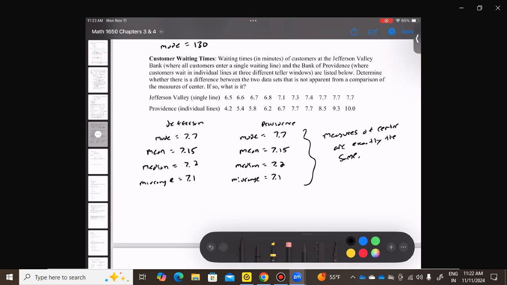Right, even the mode is in line with that, maybe a little higher. Right, so what's different between these? That's going to be what's called a variation. The difference between data sets is their variation.